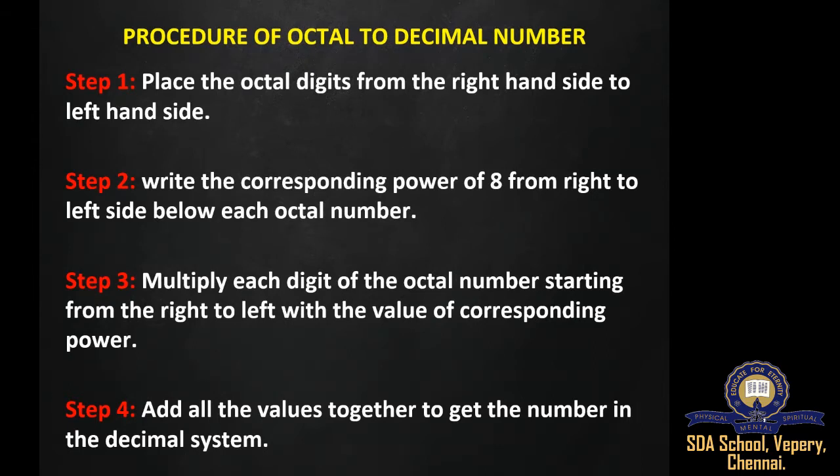The third step is to multiply each digit of the octal number, starting from right to left, with the value of the corresponding power. And the fourth step, add all the values together to get the number in the decimal system. Now with these 4 steps, we are going to convert the octal number to decimal number.